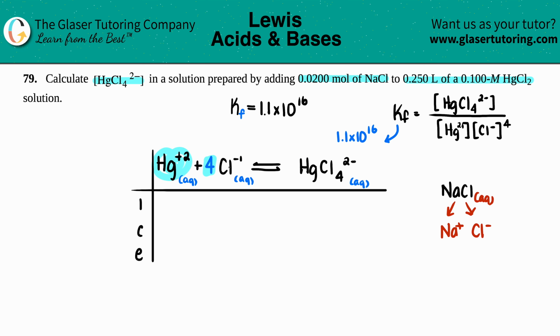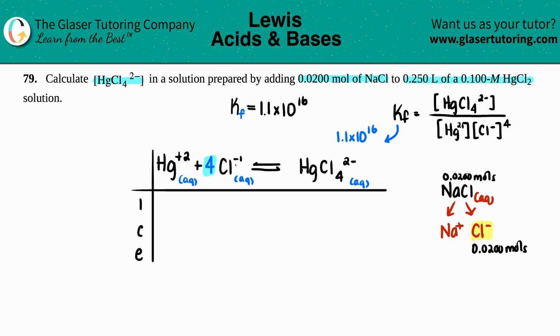So I only care about the mercury, the chloride ion, and the HgCl4. The only ion that I care about is Cl-. So if you have 0.0200 moles of NaCl, use your mole ratio. For every 1 mole of NaCl, there's only 1 Cl in the whole compound. So it's a 1-to-1. It would be the same number.